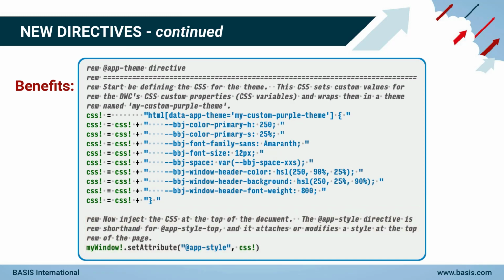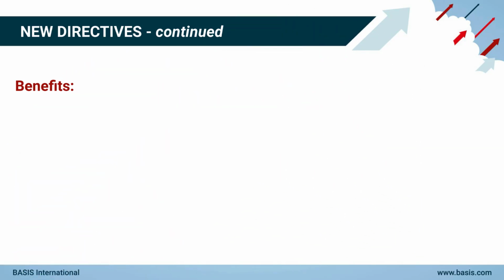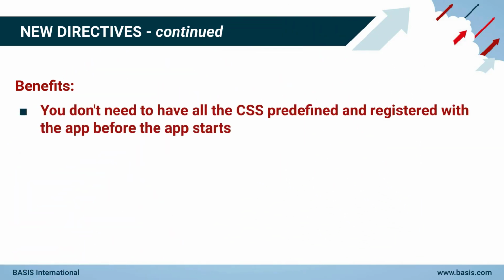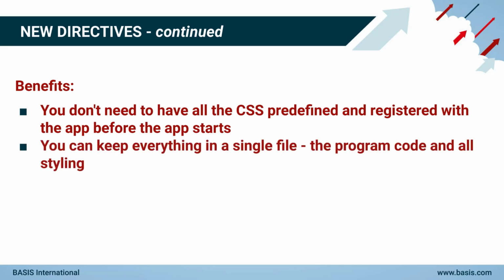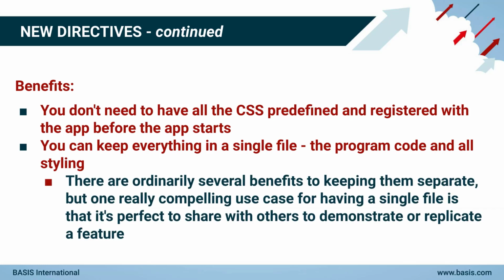This is a perfect example of how directives can address some long-standing difficulties, as we can make changes to the CSS and see the results without having to re-register the app. This is especially helpful when creating a sample program to give to another developer, as we can keep everything that we need to run our program in a single file.